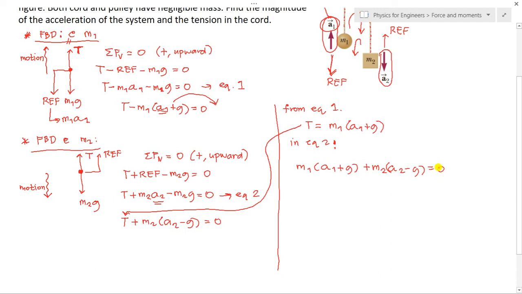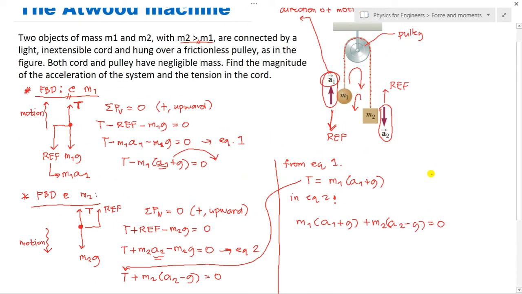Actually, class, if the two objects are connected to each other, they accelerate at a constant rate. So both of them have the same value of their acceleration.